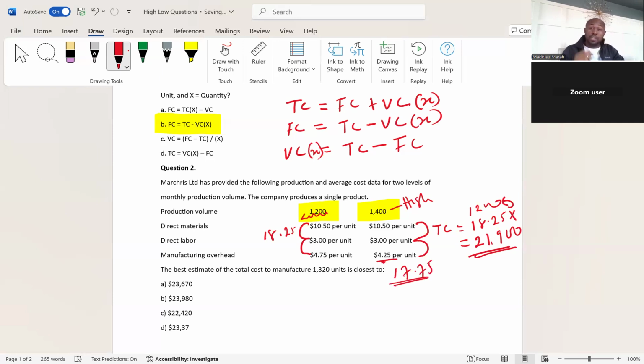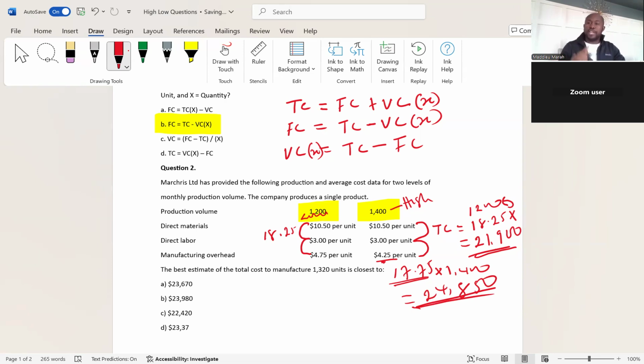This is the total cost per unit. We have 1,400 units, so this will equal 24,850. So this is the total cost for production level 1,400.